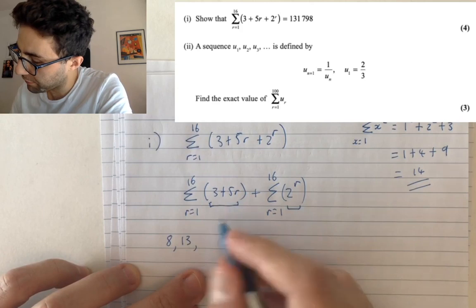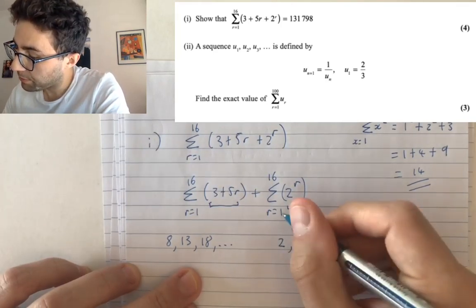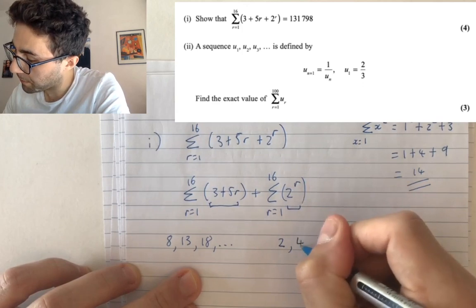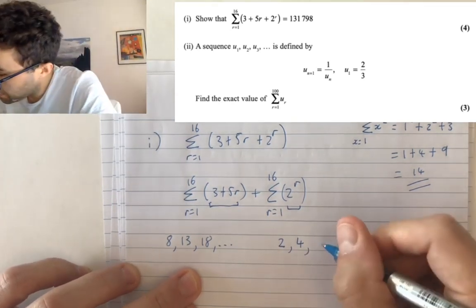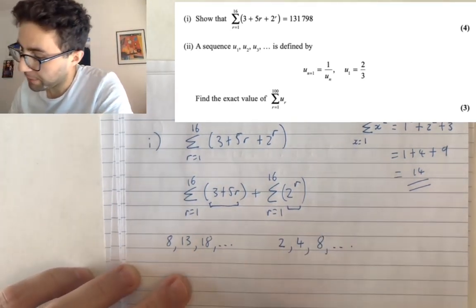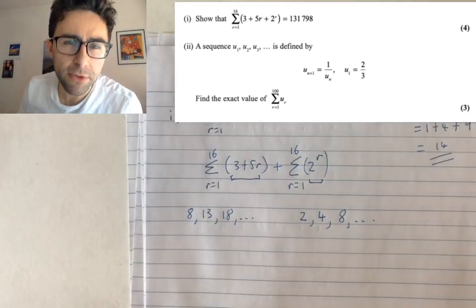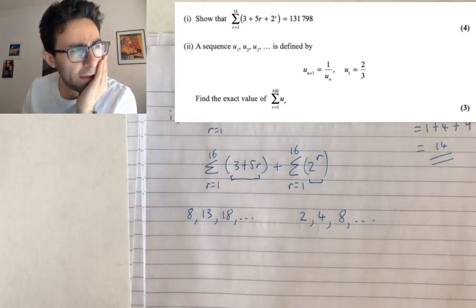And for this one, let's keep going. Put in r equals 1, 2 to the power 1, which is 2. Put in 2, 2 to the power 2 is 4. And put in 3, 2 to the power of 3, 2 cubed, is 8. Okay, and this is where you need to really bust out your sequences knowledge, arithmetic and geometric. Some stuff is given to you in the formula sheet these days, not everything.